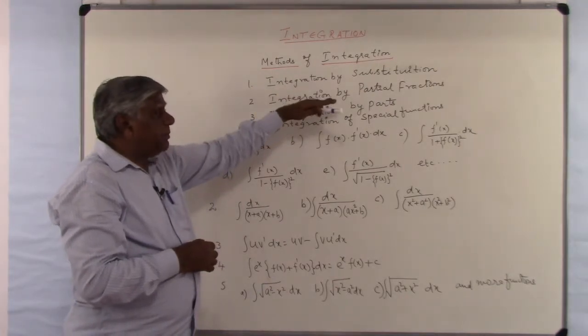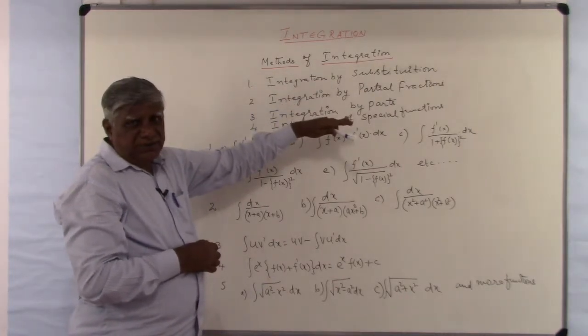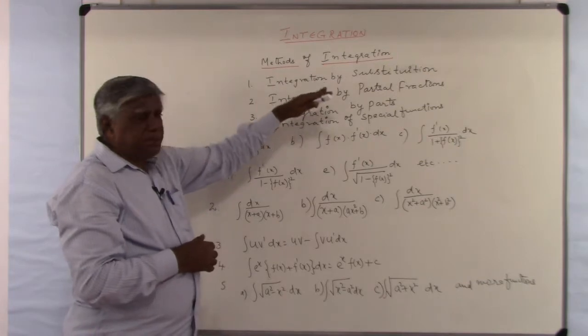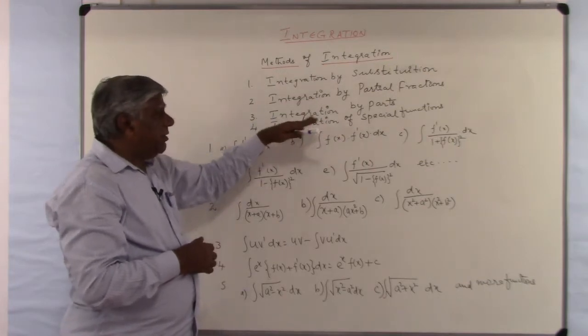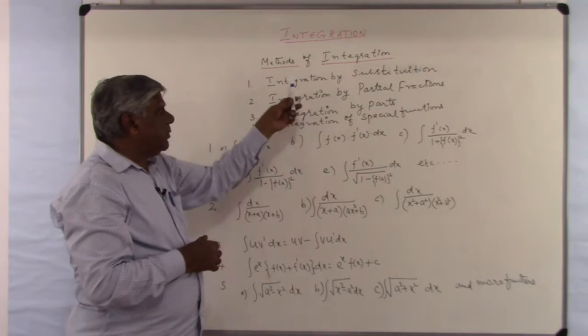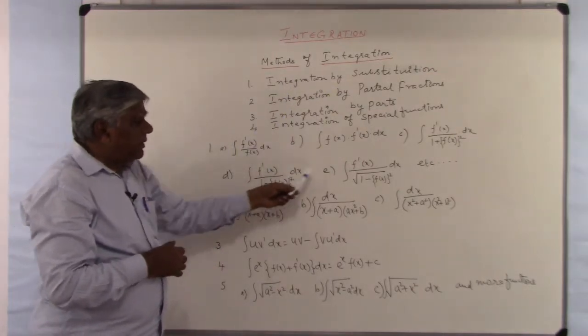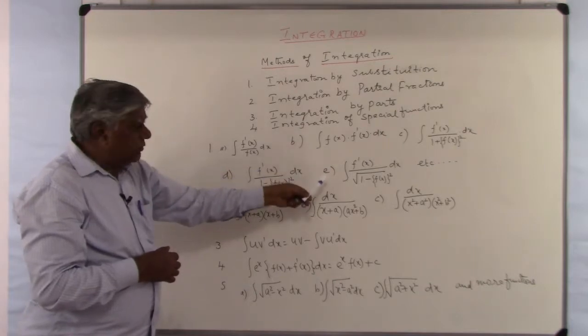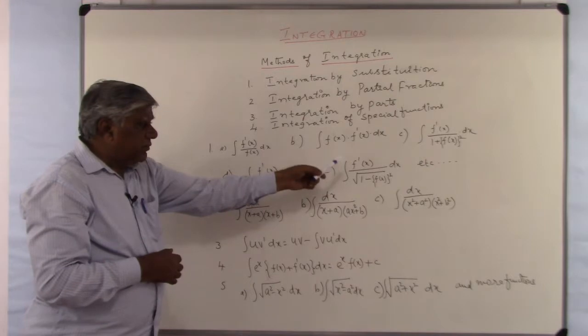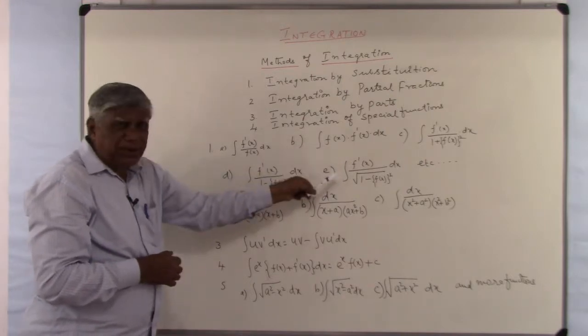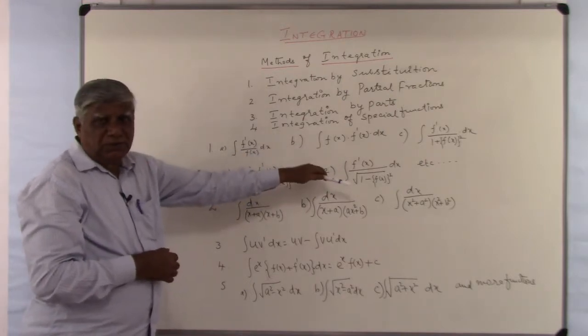Next, integration by partial fractions. Third, integration by parts. Then, integration of special functions. Here, one by one, I will explain to you. In integration by substitution, there are a number of methods, out of which I have selected only 5 methods, and there are a lot of other methods. If you know these fundamental methods, you can do other methods also very easily.